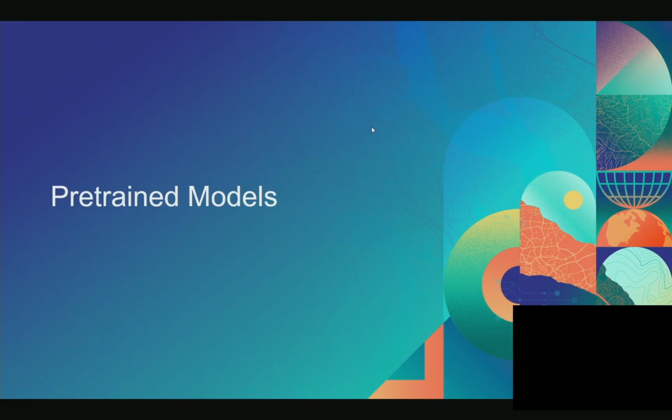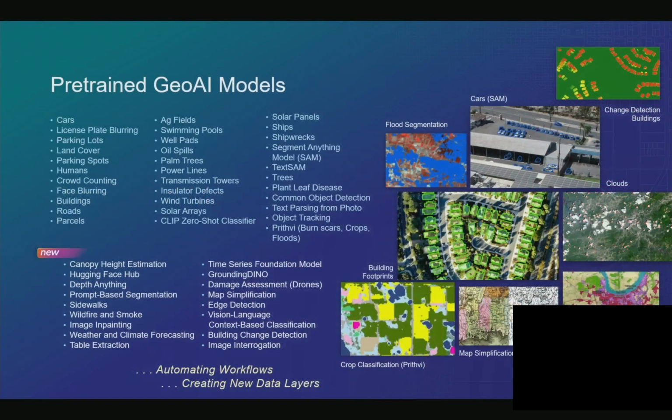Sorry about that. Okay, so to start with pre-trained models, how many of you already know what pre-trained models are? Any idea? Well, I guess everyone in this audience knows about pre-trained models, and many of you may already be using a lot of them. The names that you see on the screen right now, some of them are task-specific models, and you could just understand what they do by their name.